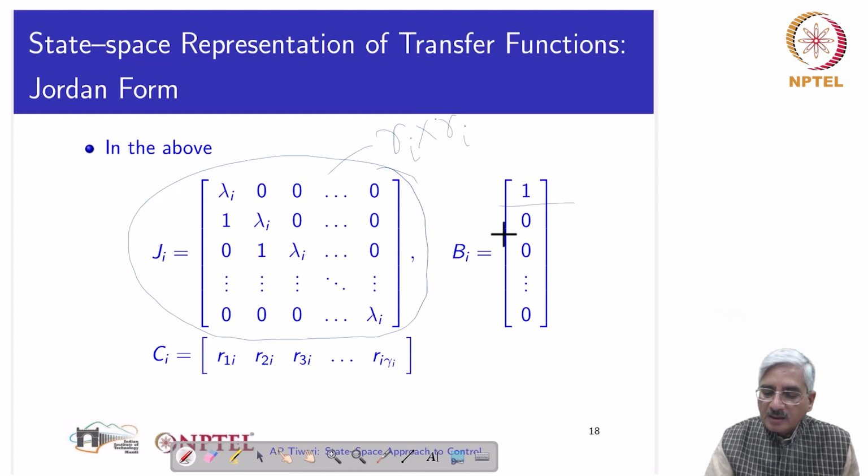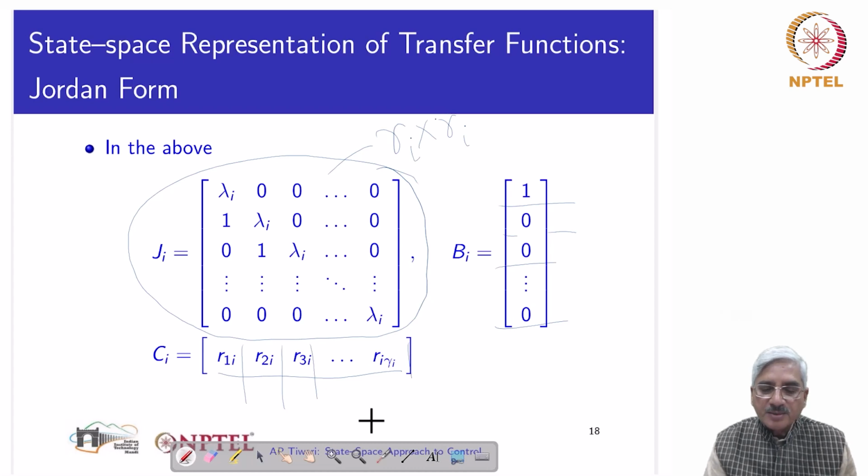This has gamma I rows like this, and these are the gamma I entries like this. So this is how the system gets represented in the Jordan form when the roots of the denominator, or poles of the system, have multiplicity, repetition.